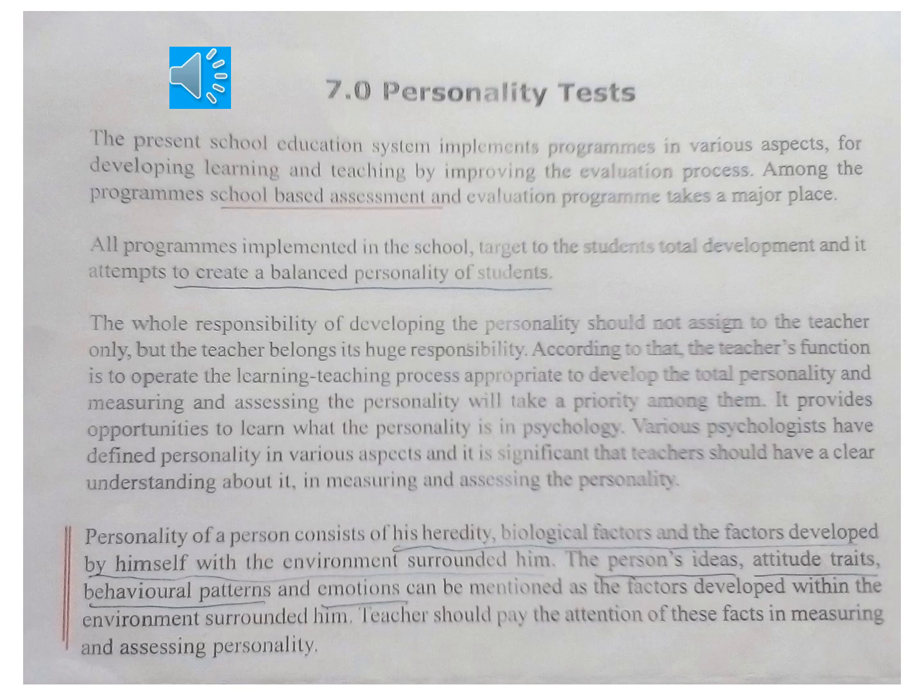The person's ideas, attitude, traits, behavioral patterns, and emotions, etc., can be mentioned as factors developed within the environment surrounding him. So the teachers should pay attention to these facts in measuring and assessing personality, right? Heredity factors, biological factors, environmental factors.